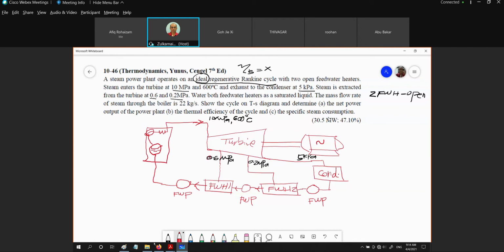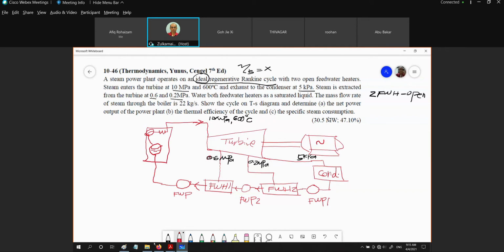Turbine, first extraction, second extraction, the supply from the boiler, superheated vapor, and then coming out. While expanding, we have 2 extractions, and then going to the condenser at 5 kilopascal. We are going to increase from 5 kilopascal to 0.2 megapascal at feed water pump number 1. And then at feed water pump number 2, we are going to increase the pressure from 0.2 to 0.6.